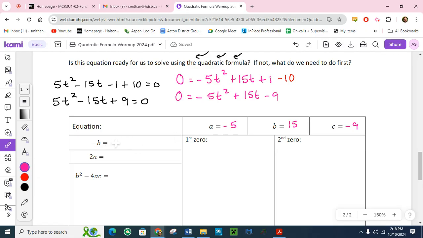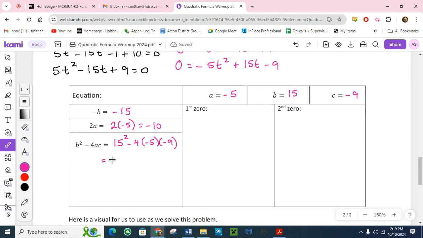I'm going to commit to what I had before. 2 times a, 2 times -5 is -10. B squared, 15 squared, -4 times -5 times -9. That's a lot of negatives, but that's okay. 15 squared is 225.